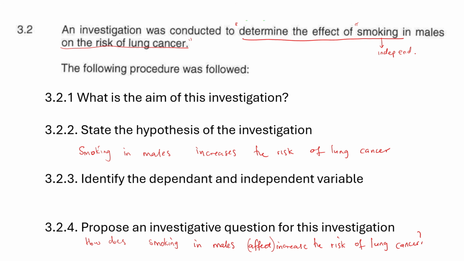Smoking in males is your independent variable. And then your dependent variable is in the following statement after the word on. So this is how you identify them. You just use the first paragraph of the question, and then you'll be able to identify the dependent and the independent variable.